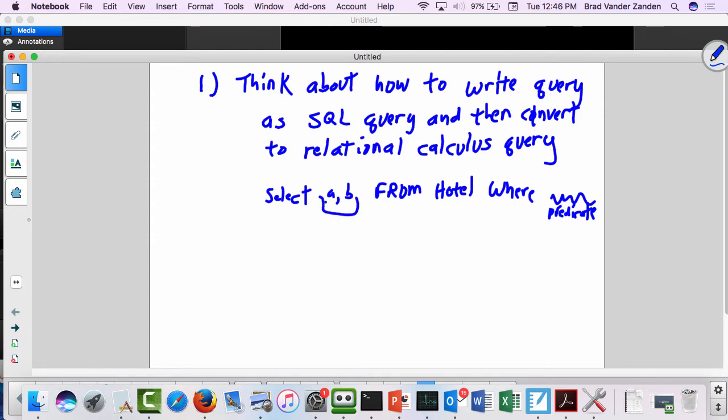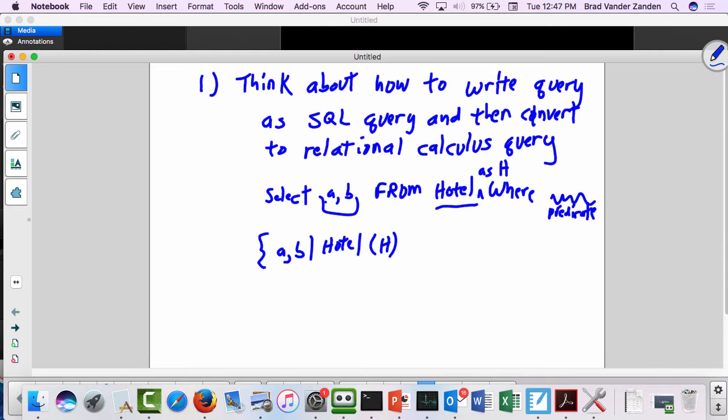The A and the B go over here to the left of the bar. It's the attributes we're selecting. Anything in the from statement is a tuple variable. Hotel is actually not the tuple variable, it's the relation, but in parentheses you put the tuple variable. And here you often use an alias. You'll say hotel as H. You can just think of the H as a tuple variable.